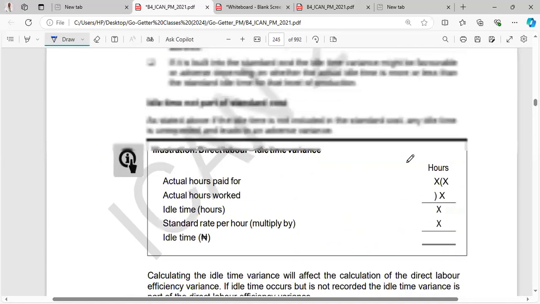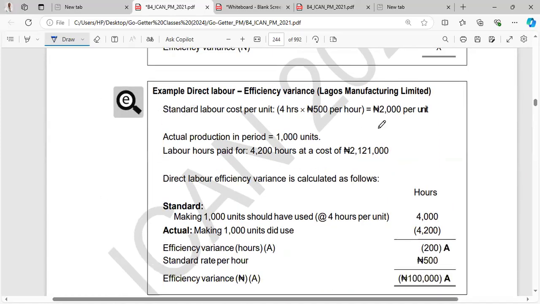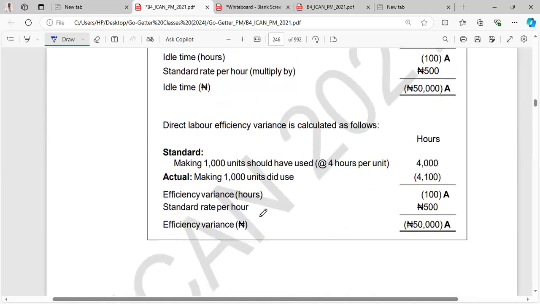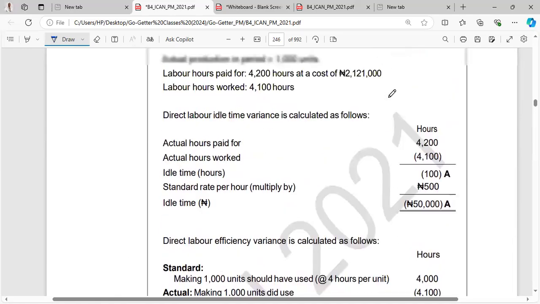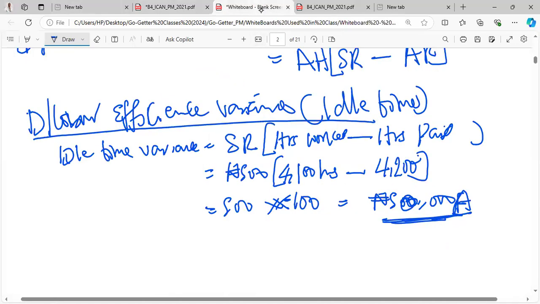Before, we had an efficiency variance of 100,000. This is the direct labor efficiency variance. You can now break it down into idle time and efficiency variance. So all I need to do here is, if you've gotten idle time, just subtract it from the efficiency variance to get the productive time efficiency variance.